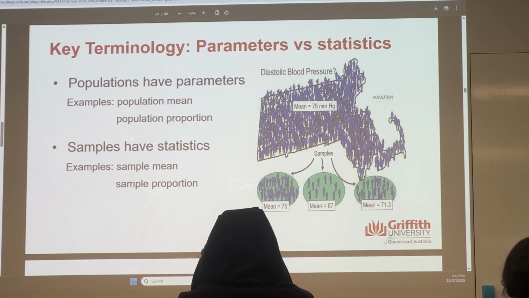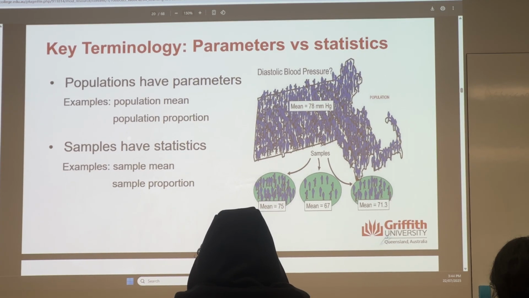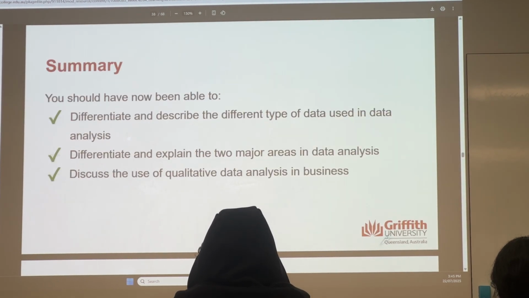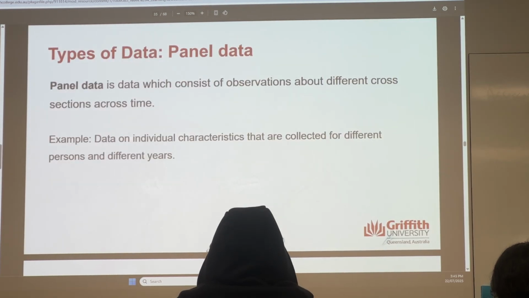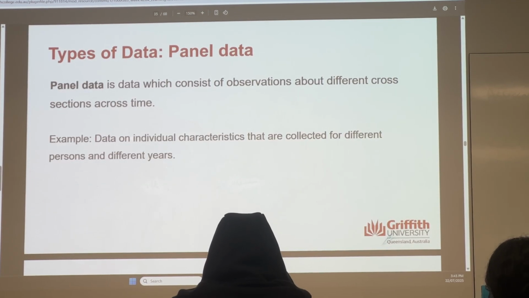However, there is non-sampling error that is very serious.